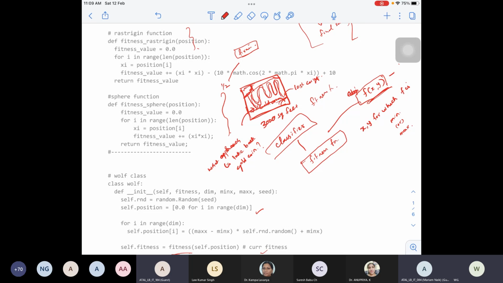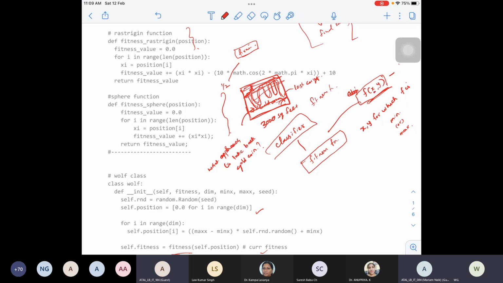Right? So now the problem is exactly like that. Can we reduce our search space so that we don't have to search everywhere, but only in some specific region?